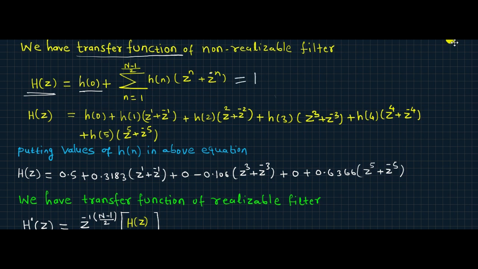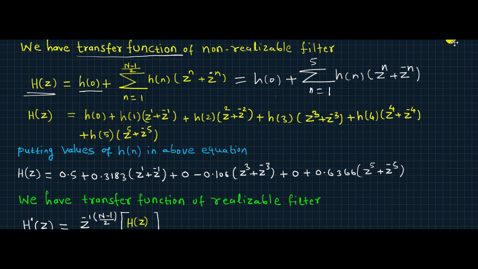So this is equal to h(0) plus the sum for n equal to 1 to (N-1)/2, which is 5, of h(n) into (z^n plus z^-n).